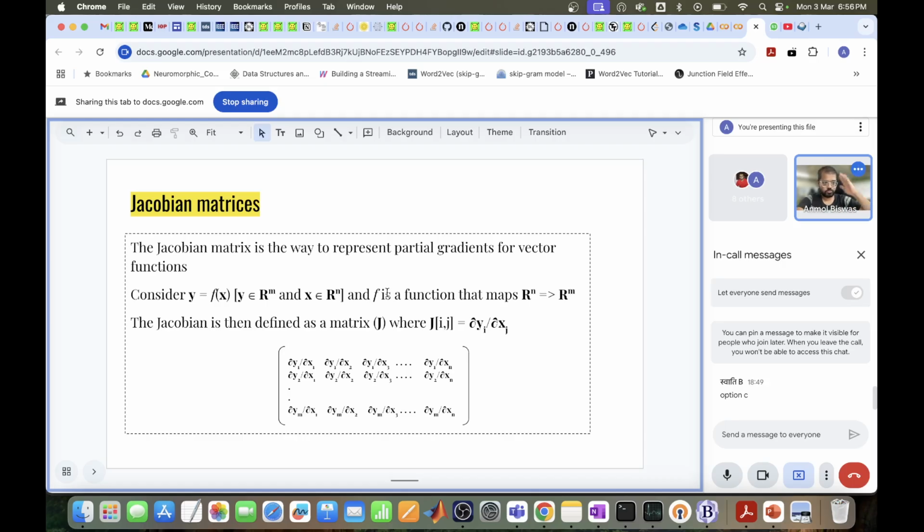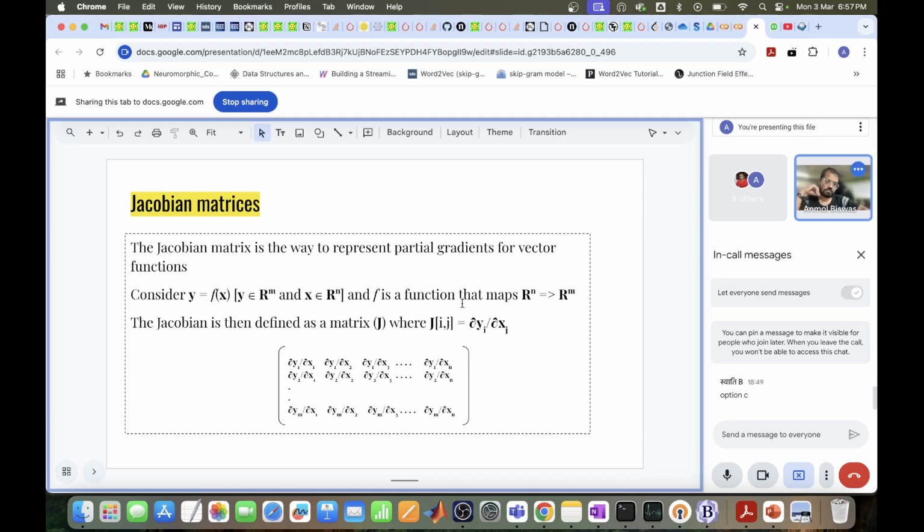So to compute the gradient, typically you don't need the full Jacobian treatment because the activation functions, for example, are element-wise mappings, right? Typically they are element-wise mappings, except some special cases like the softmax activation function.